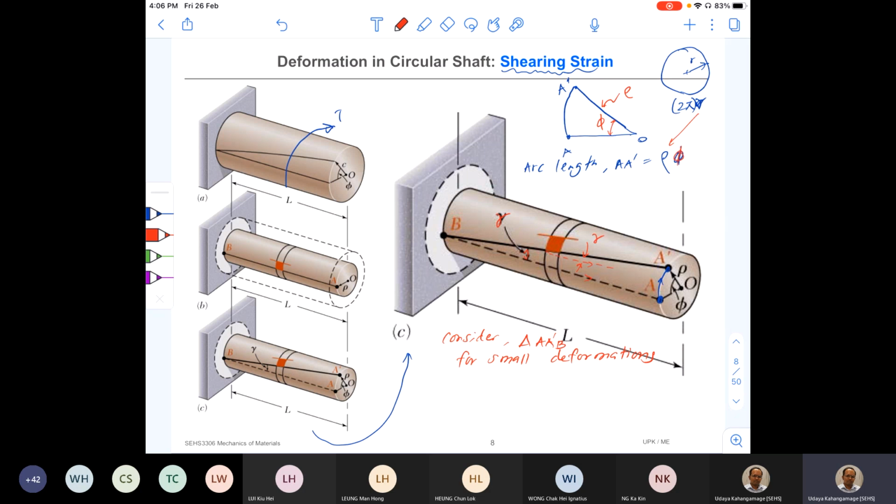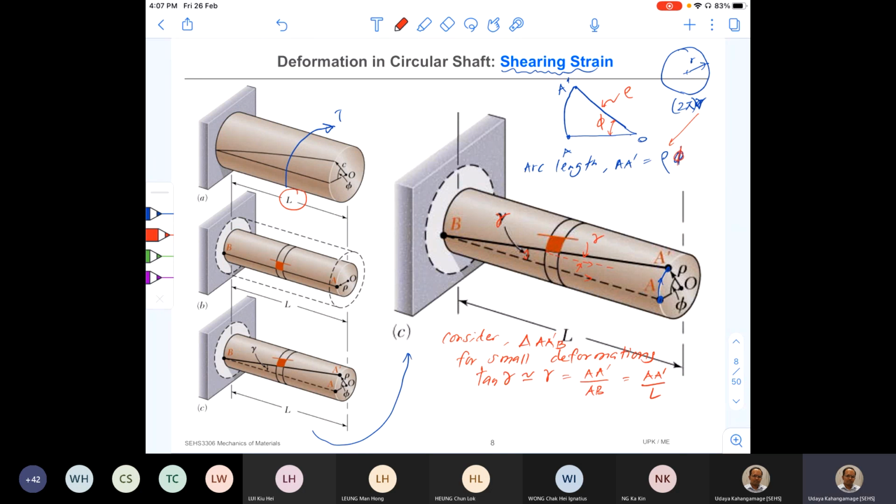Okay, so therefore now I can say tan gamma, for small angles, is approximately equal to gamma, and it is equal to A prime over AB, that is A prime over L. L is the total length, the length of the shaft.